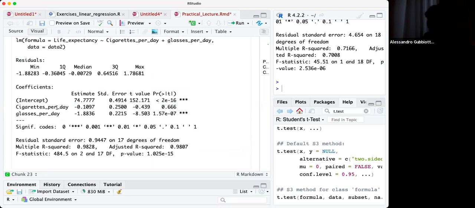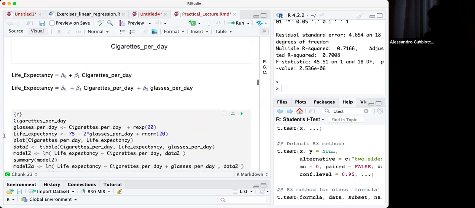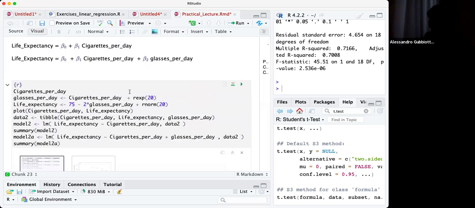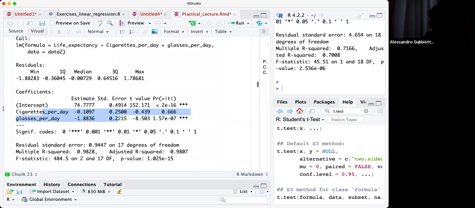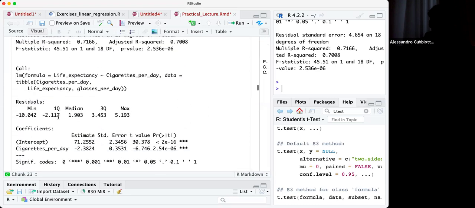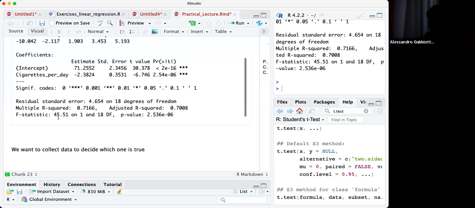Well, cigarettes per day is no longer significant. Why? Because I used... sorry, I was here.